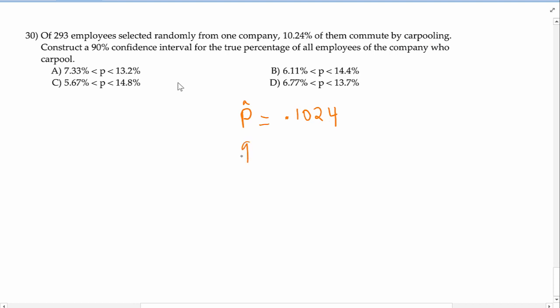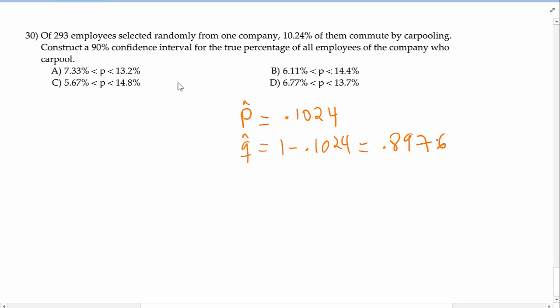The ones who don't commute by carpooling is going to be 1 minus this number. So let's calculate that value. 1 minus 0.1024 gives me 0.8976. All right.